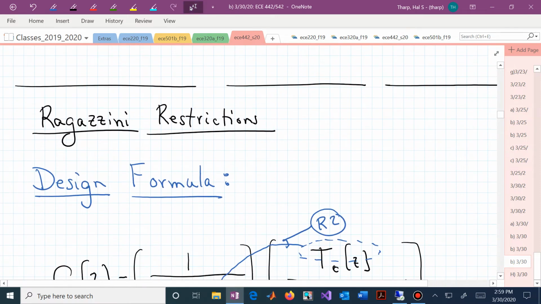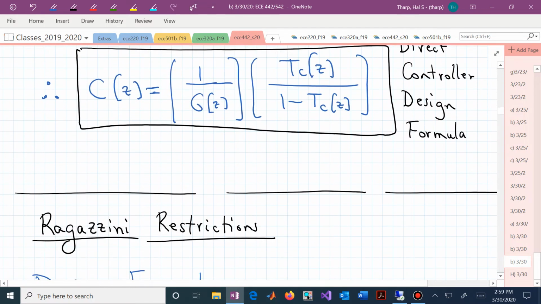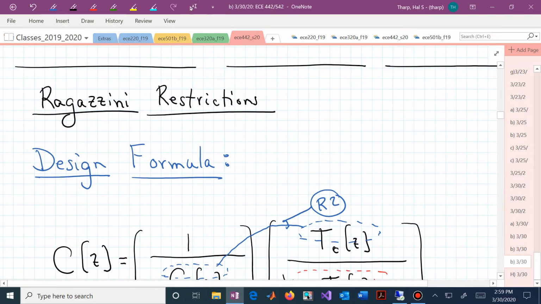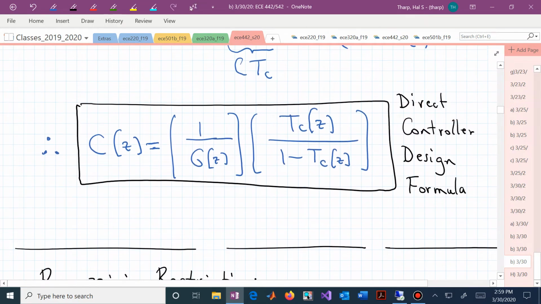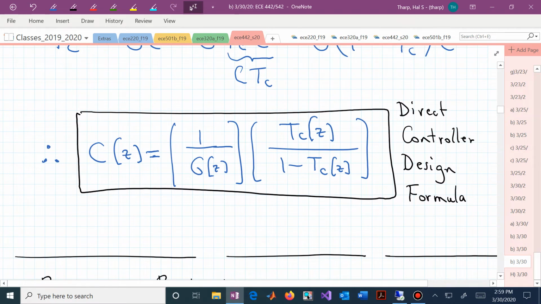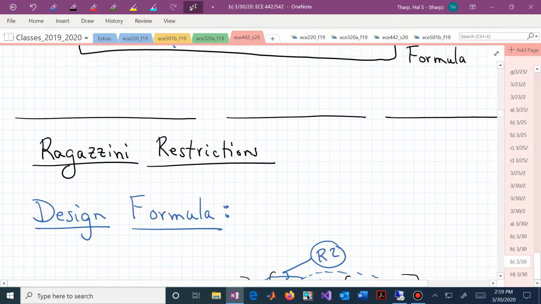Now that we have this design formula, where do these Ragazzini restrictions come from? First, looking at this design formula, if you didn't have that second expression on the right, you would see that c is 1 over g. And what is that saying?